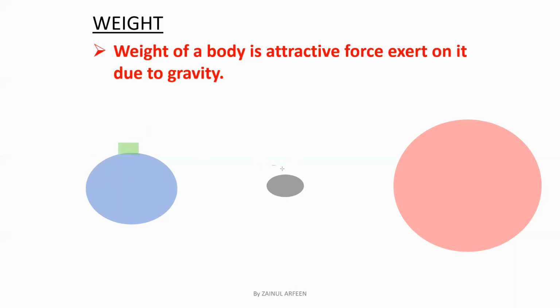We place a 1 kilogram object on the surface of the Moon, and we place a 1 kilogram object on the surface of Jupiter. These planets have gravity. The force which attracts the objects towards the center is called the force of gravity. All these objects placed on the surface experience a force directed towards the center.